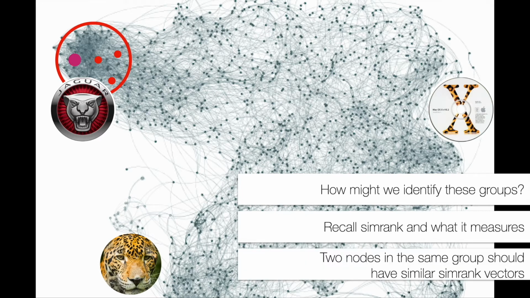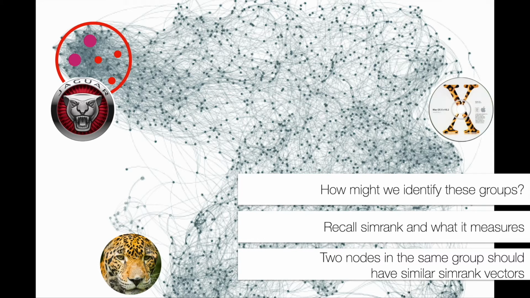If you select a new node in this same group, as long as you're in this same cluster about Jaguars and cars, even if you click here, the expectation is you're still likely to go to one of these other three high SimRank nodes, because these nodes with high SimRank are authoritative within this particular community about Jaguar the car.